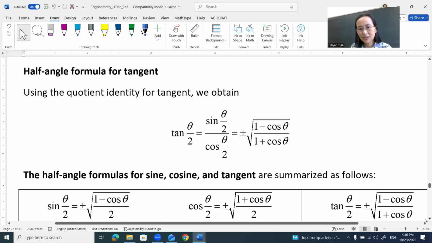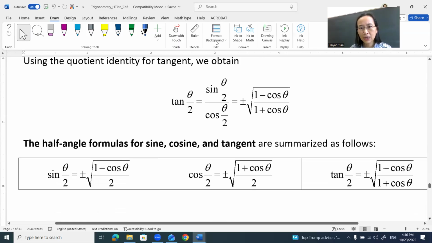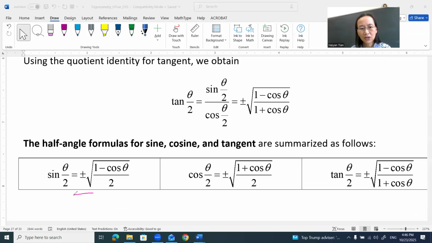So let's look at what we have so far. Cosine of half of theta, that's one formula. That is sine of half of theta, and then cosine of half of theta, another formula. If we divide the sine of half of theta by the cosine of half of theta, then we get tangent of half of theta.